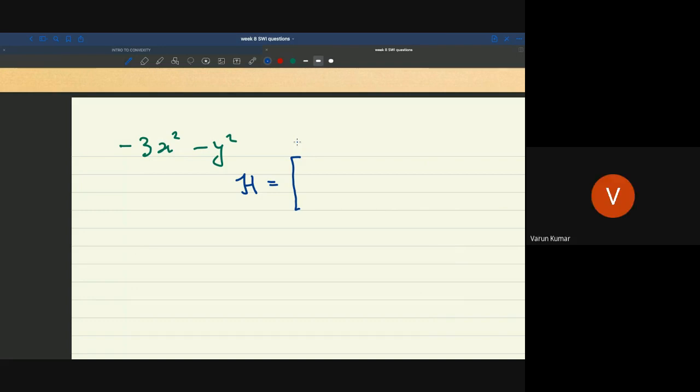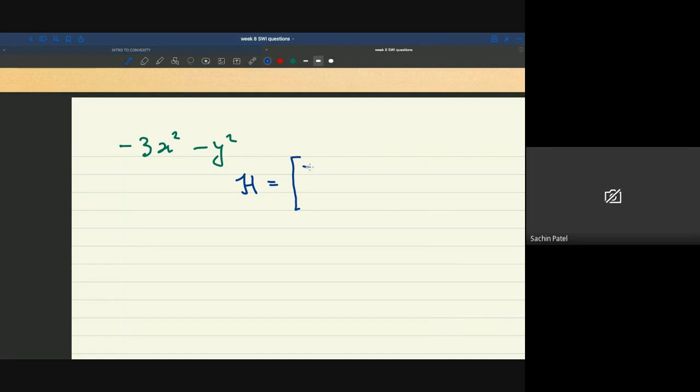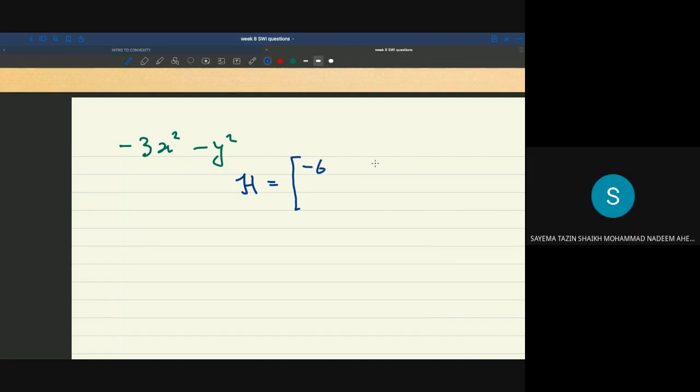Minus 6, 0, 0, and then minus 2. So here the first condition is false because your first element is less than 0. So this is not convex.